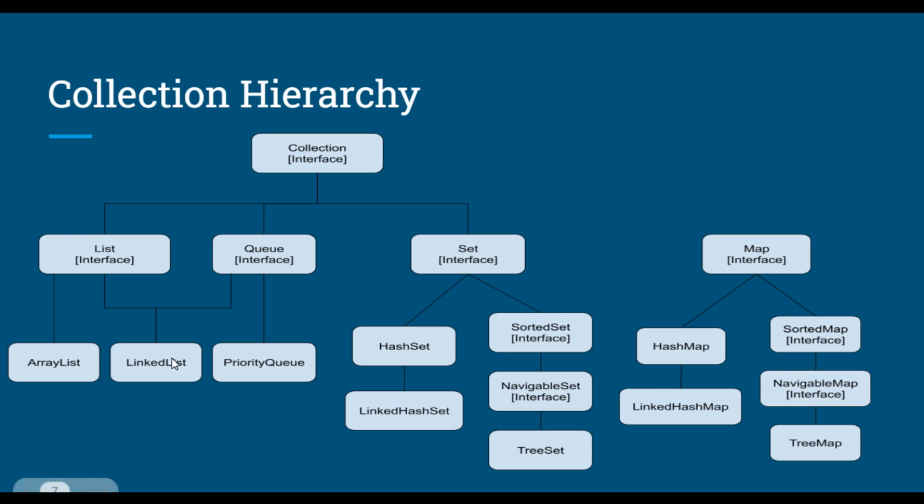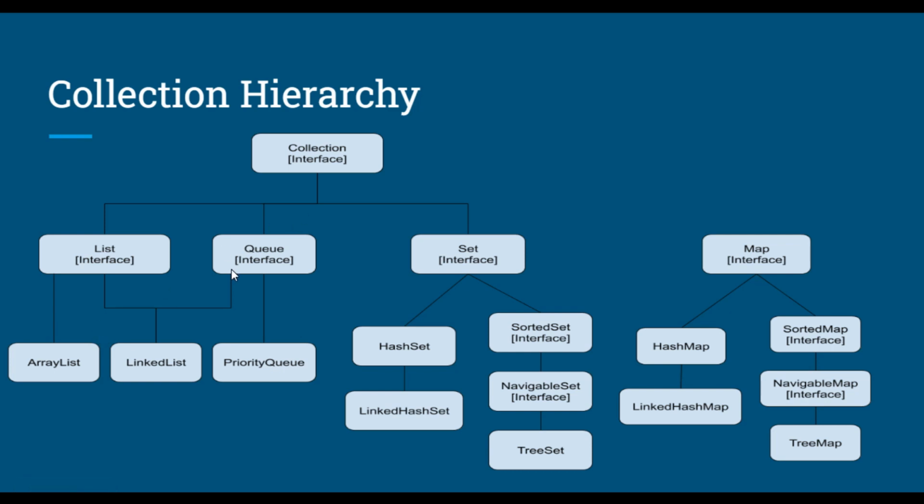And in LinkedList, there is no big difference between ArrayList and LinkedList. Just one difference is that in LinkedList, we can store the next value and the previous value. Like if you store one in the first position, and two in the second position, then two will store also the parent value and also the next value in the LinkedList.